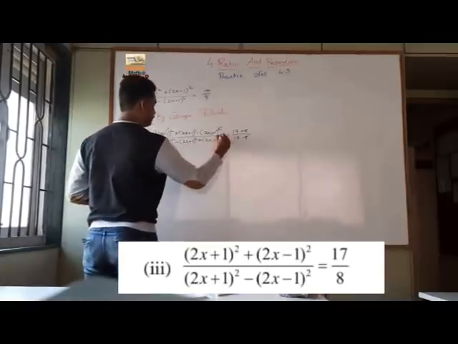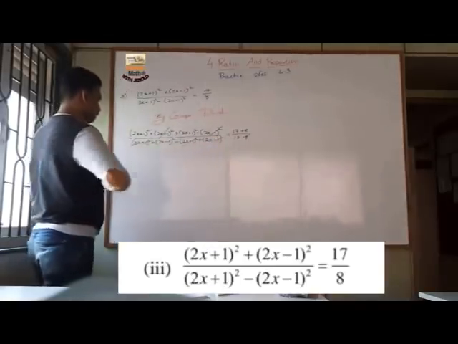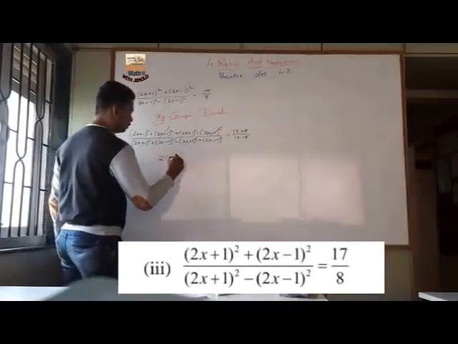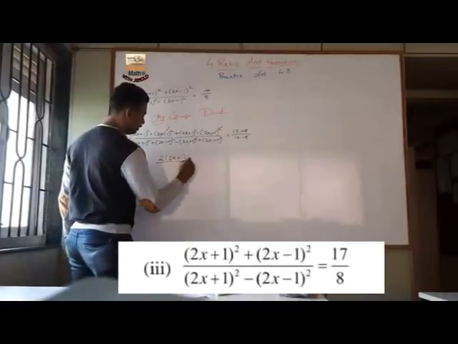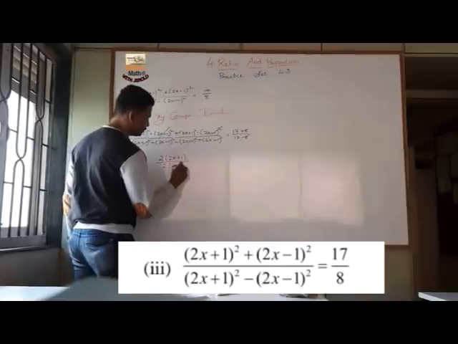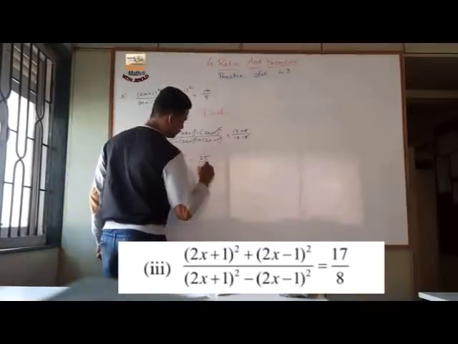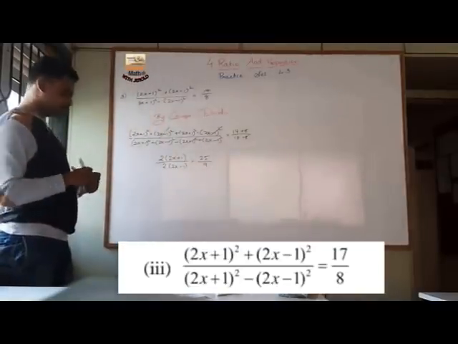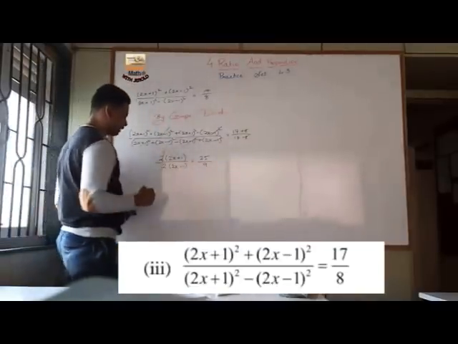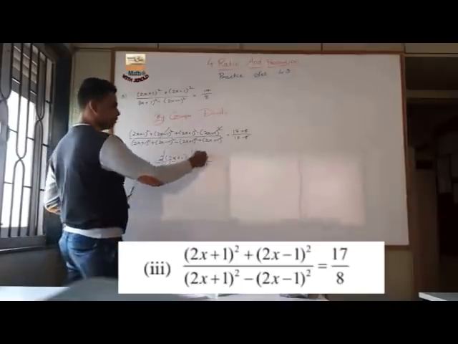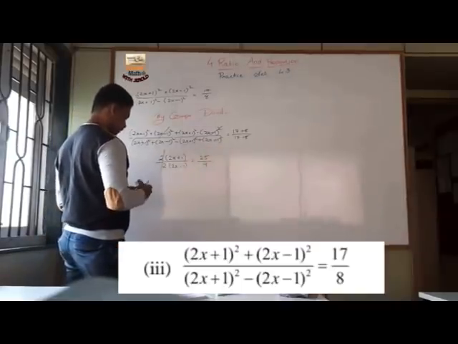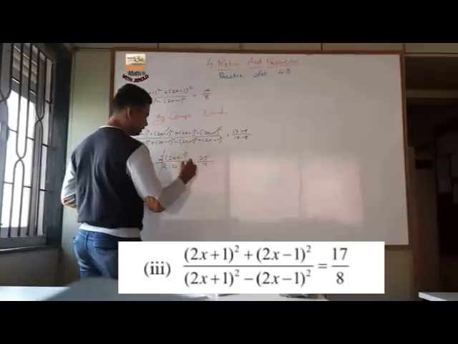This is how it happens. It was a mistake from my side. So I have 2 times (2x plus 1) divided by 2 times (2x minus 1) is equal to 17 plus 8, which is 25, and 17 minus 8, which is 9. The 2 in the numerator and denominator also gets cancelled. Sorry, I had a square on both the places.